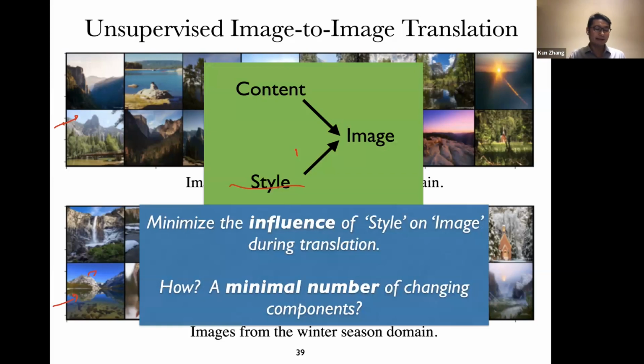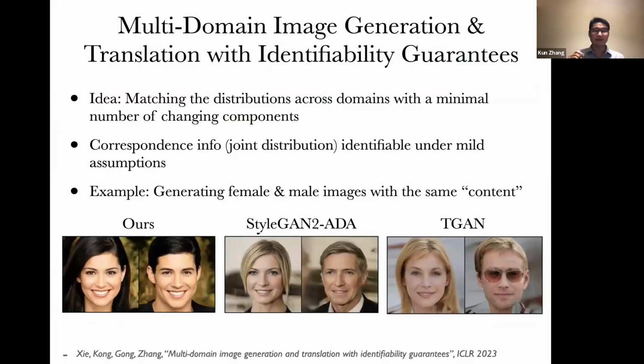Specifically, we assume that the change in the image can be explained by a minimal number of changing variables, known as style variables. Then you can show that under this condition, together with some other regularity conditions, the mixing procedure is identifiable, and as a consequence, the joint distribution across multiple datasets is also identifiable. And then you can do image translation, or you can do multi-domain data generation.